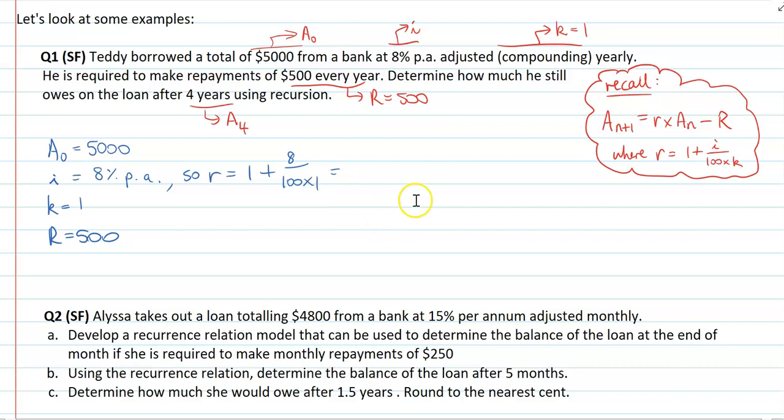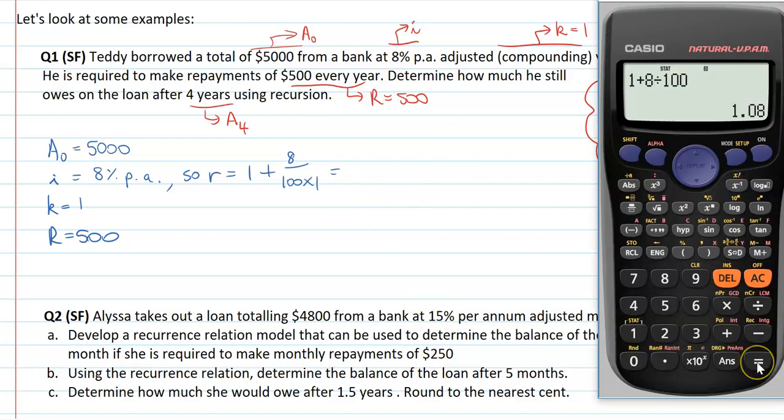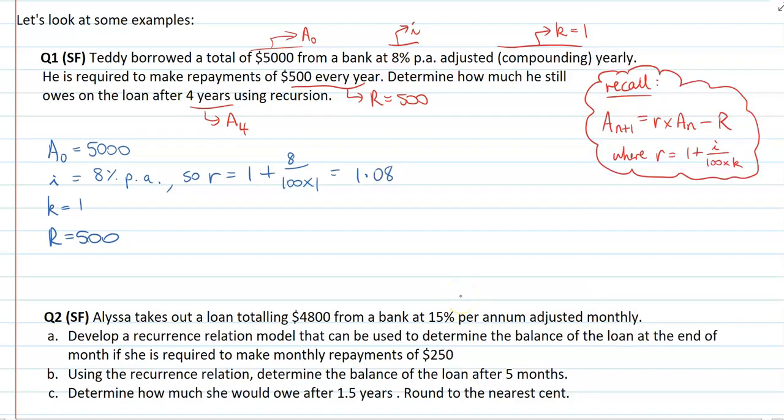And if I chuck that into my calculator, I get 1.08. So now I have enough information to develop my recursion formula. So my recursion formula for this reducing loan is A(n+1) equals 1.08 times A(n) minus 500.